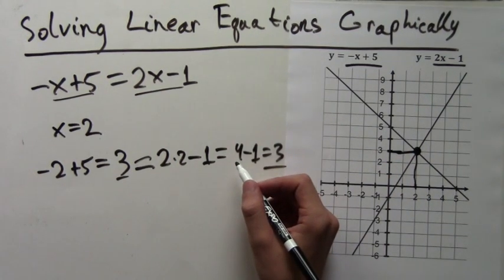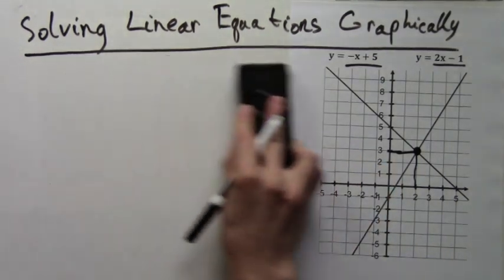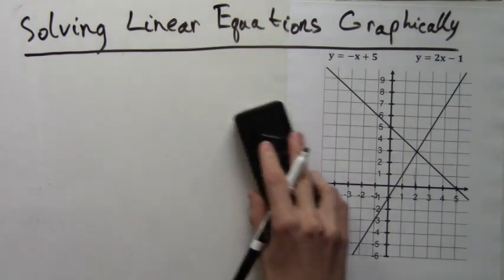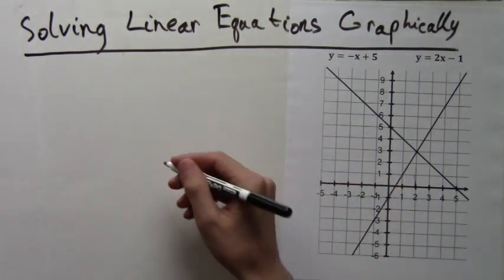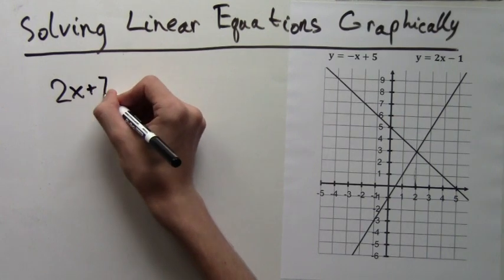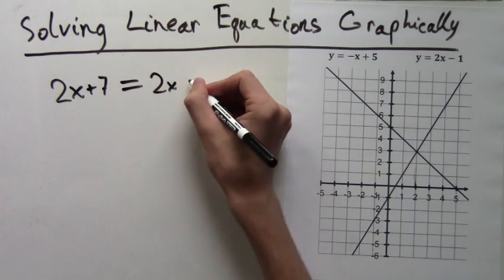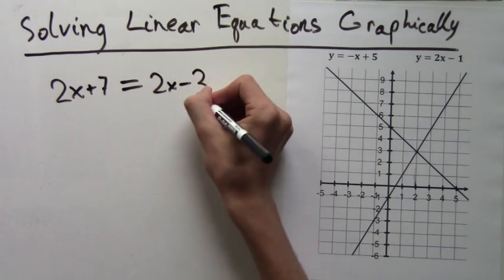Now we will move on to our last example. In this last example, we will take 2x plus 7 equals 2x minus 3. So, as before, we will assume that we start with the graph.